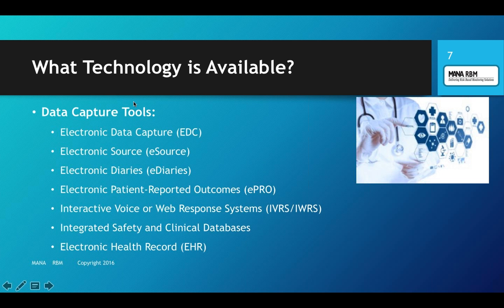So these are all data capture tools. Electronic source is where you collect the data contemporaneously with your visit with the research subject. So the idea would be the first place that you enter that data, and there are lots of different kinds of electronic source. If you're in a hospital and you're seeing patients, for instance, on an oncology trial, the electronic health record could be considered the eSource.